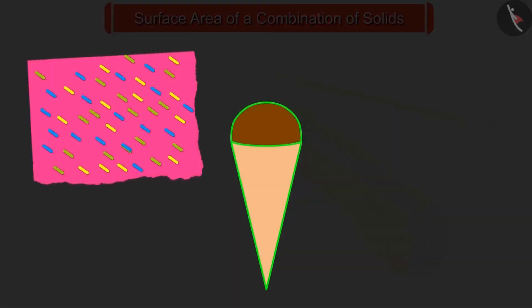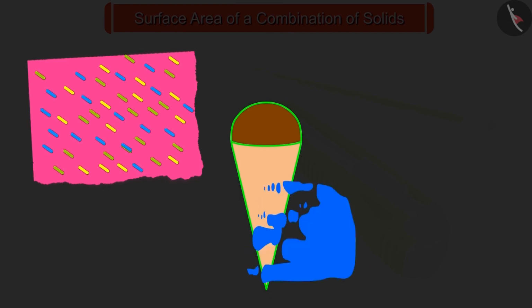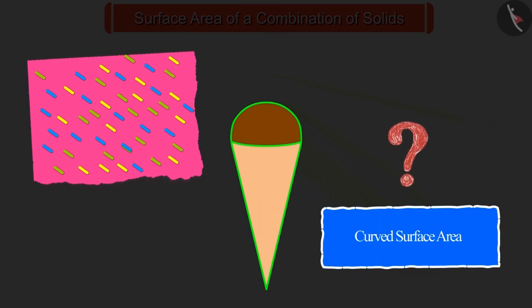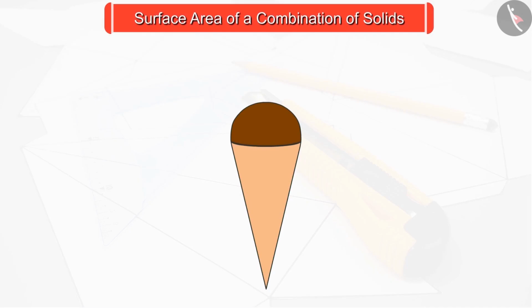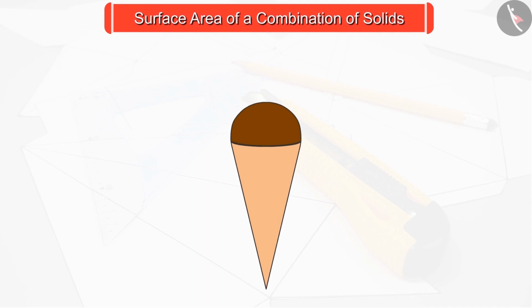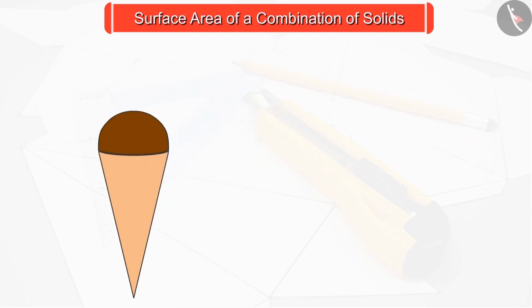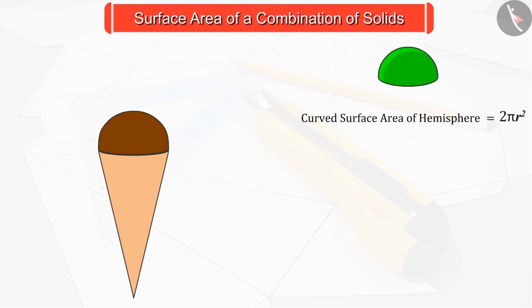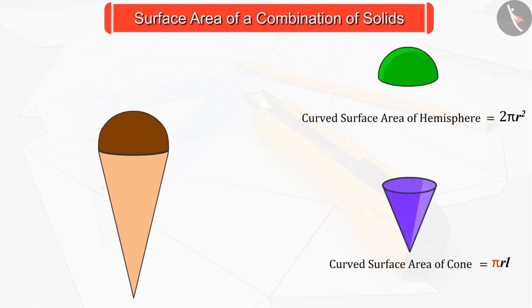Now, if we have to put a paper cover on this ice cream cone, how much paper will we need? Correct. For this, we will have to find the curved surface area of the ice cream. Since we have to find the curved surface area of a figure that is formed by the combination of two or more figures, we will add the curved surface area of a hemisphere, 2 pi r square, and the curved surface area of a cone, pi r l.